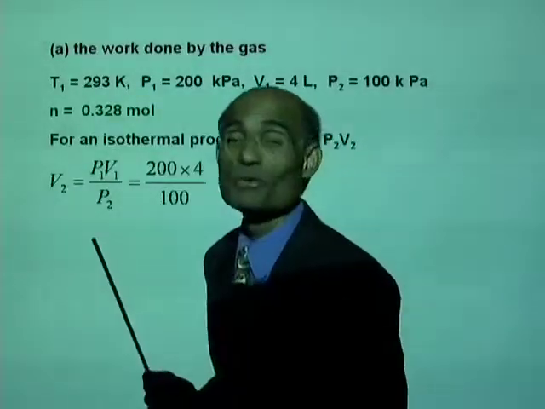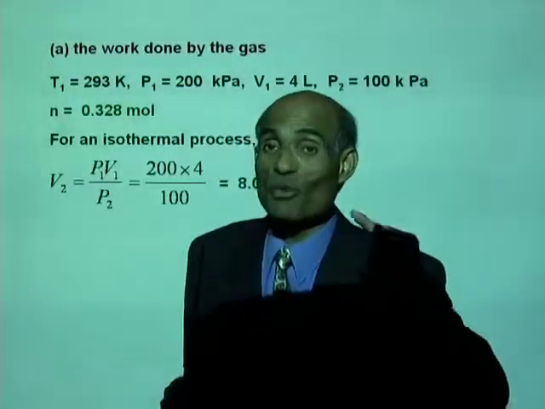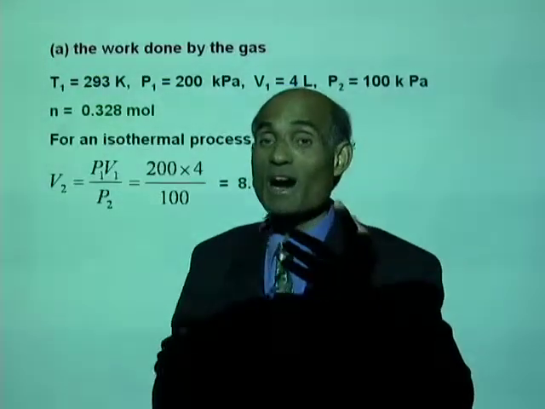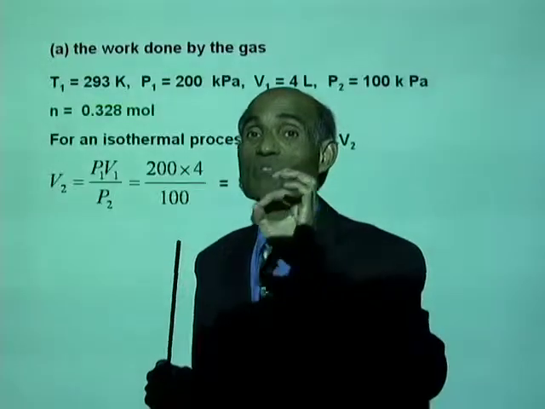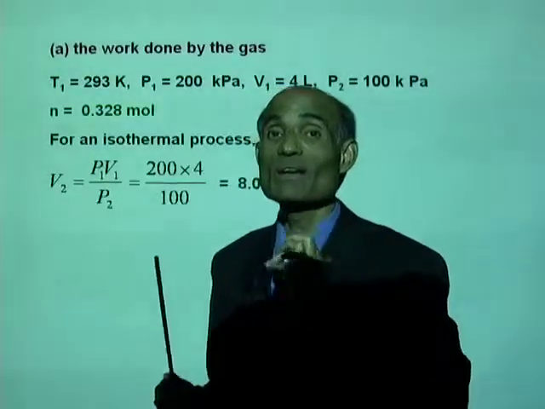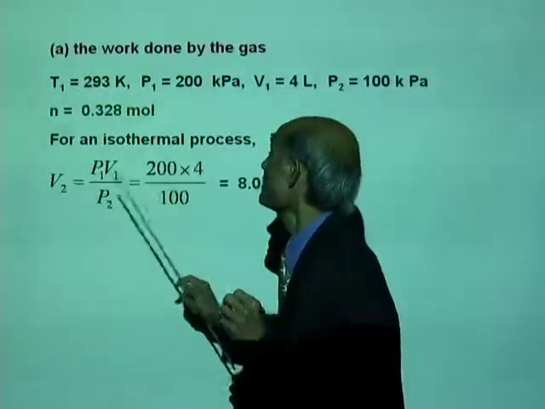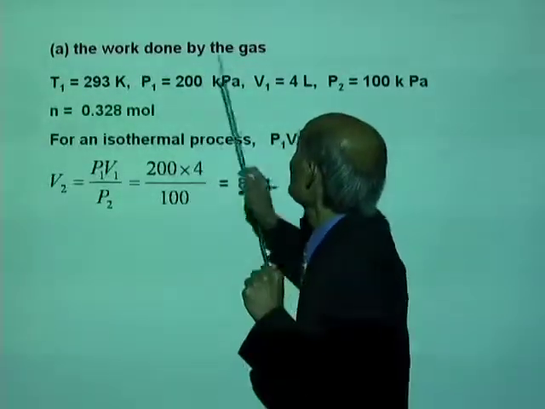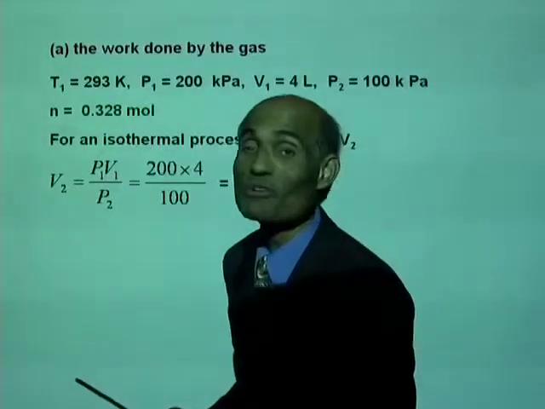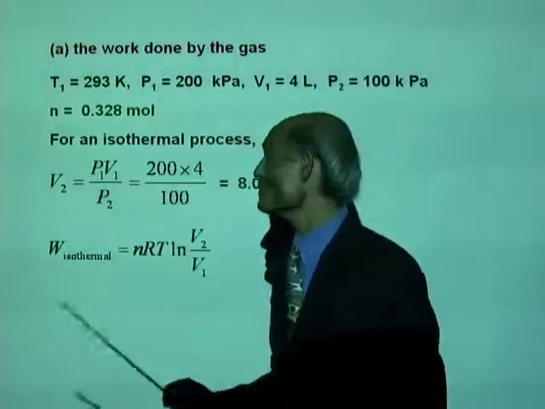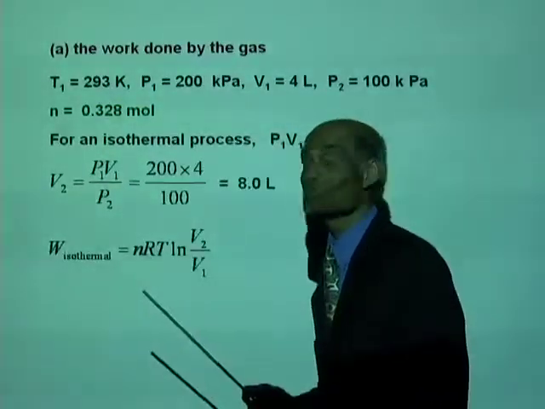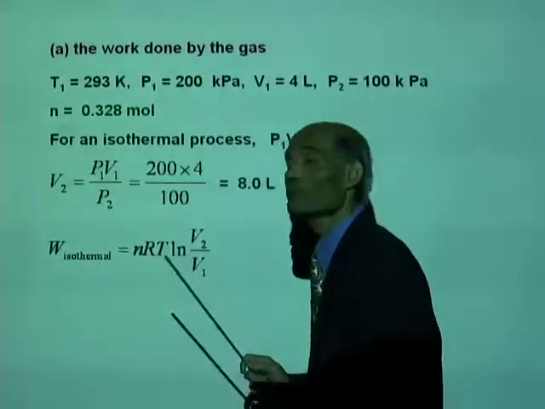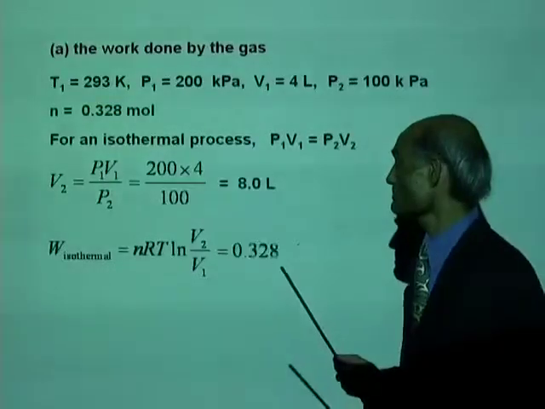And now, if you go back to the equation for the work done in an isothermal process, nRT ln V2 over V1, we've got the temperature, we've got n, the number of moles, we have V2, we have V1. We can now use the equation to calculate the work done. W isothermal is nRT ln V2 over V1.